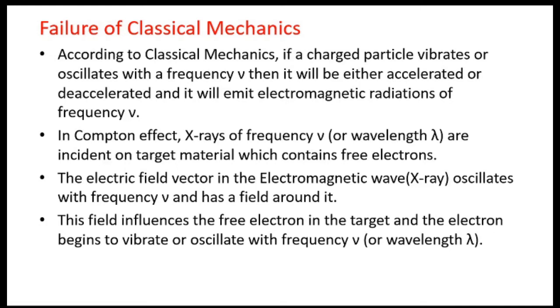And if it is accelerated or decelerated, then according to classical mechanics it should emit electromagnetic radiation of the same frequency nu. So what does this mean? If a charge is oscillating or vibrating with a certain frequency nu, then it will emit electromagnetic radiation of the same frequency nu.